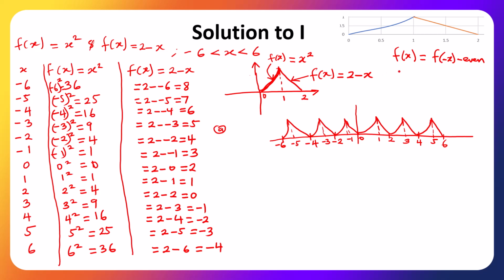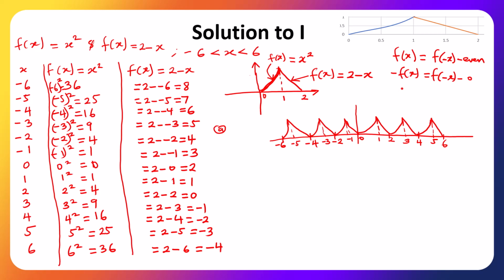And for an odd function, we say minus f of x is equal to f of minus x. So this is for an odd function. So let me write it. Okay, it has come up. So for an odd function, minus f of x is equal to f of minus x.